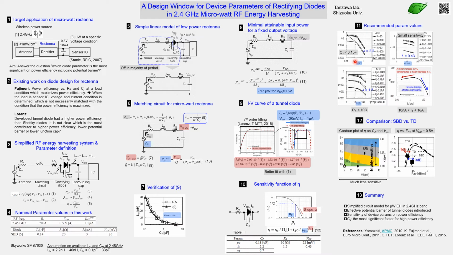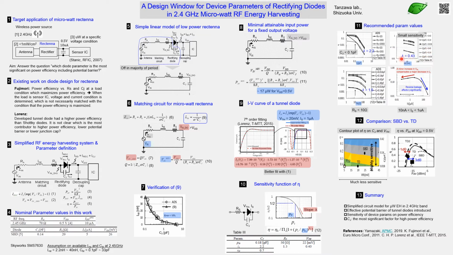Even though your device parameter varies a little, say plus minus 20%, if your CJ is lower than 0.1 picofarad, the eta doesn't change much. Similarly, when your diode parameter RS is 10 ohm or less, then your eta doesn't have any significant variation across RS.